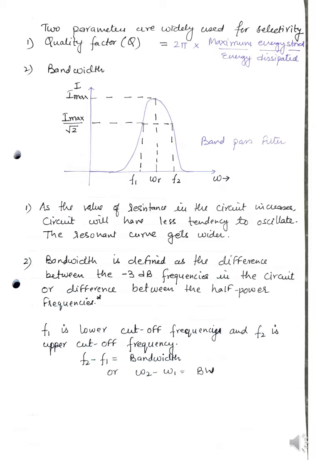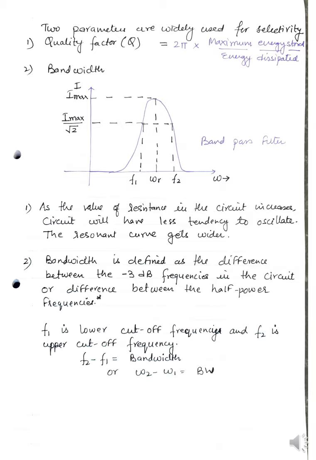So that will be the bandwidth, and that 91.2 in this case will be your resonant frequency, which is exactly between both sides, meaning 91.4 and 91.0. And at these two frequencies, your current will be I max divided by root 2. Okay, and it's basically a kind of band pass filter. I'll explain as we go on.